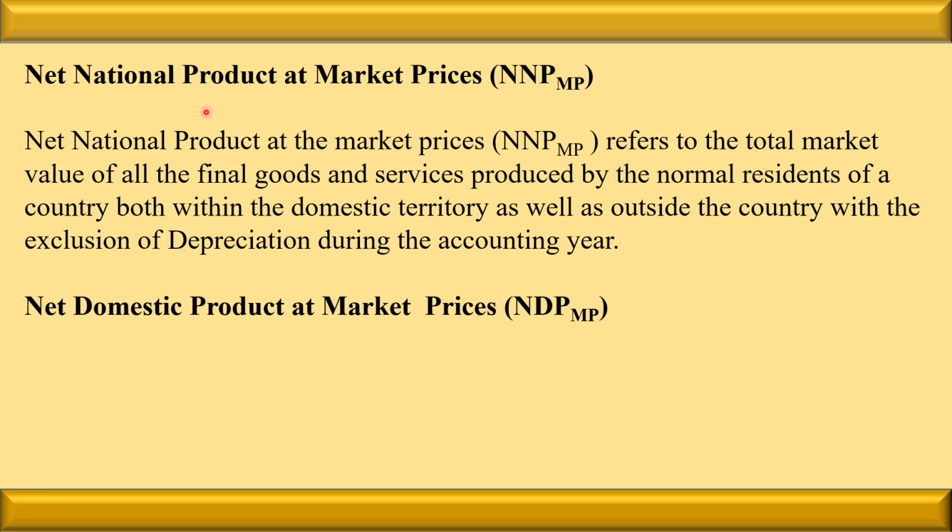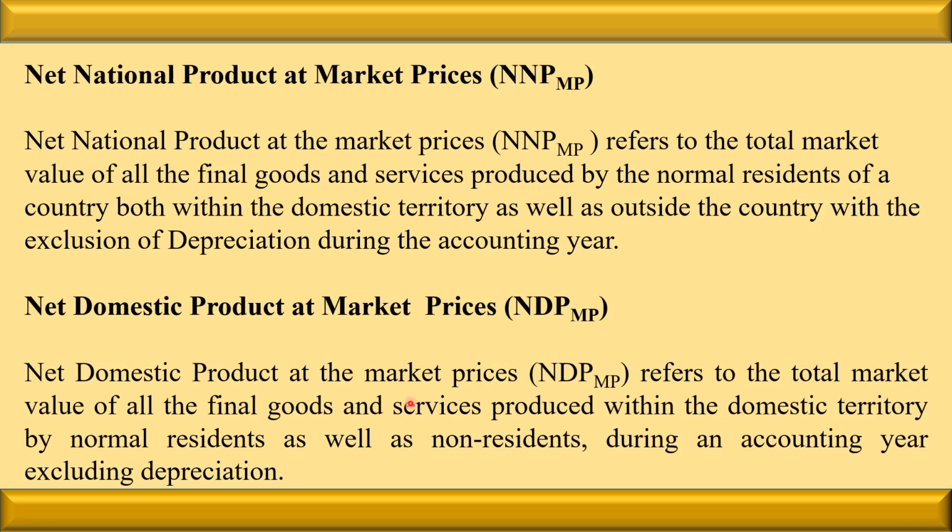Now let us see the fourth aggregate, that is NDPMP. It means net domestic product at market price. It is the total market value of all the final goods and services produced within the domestic territory of the country excluding depreciation.